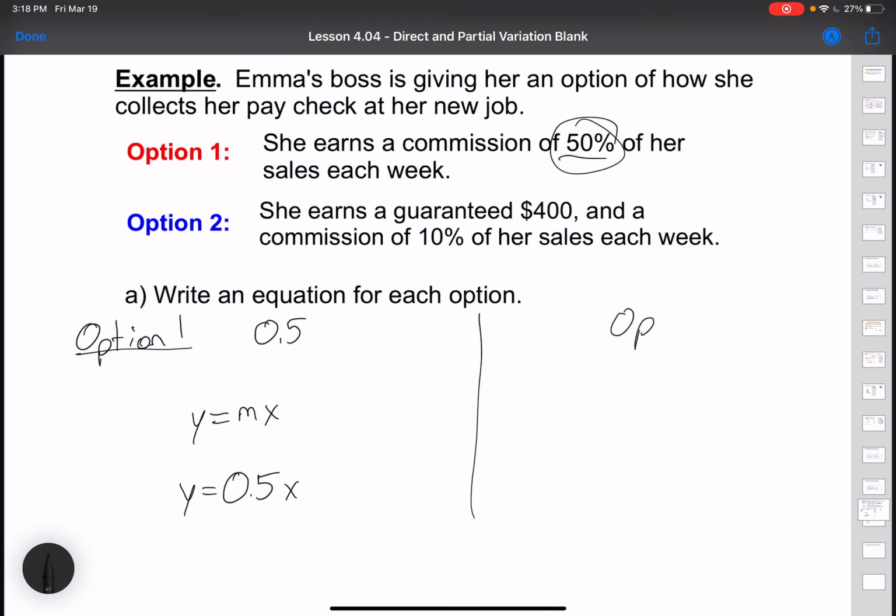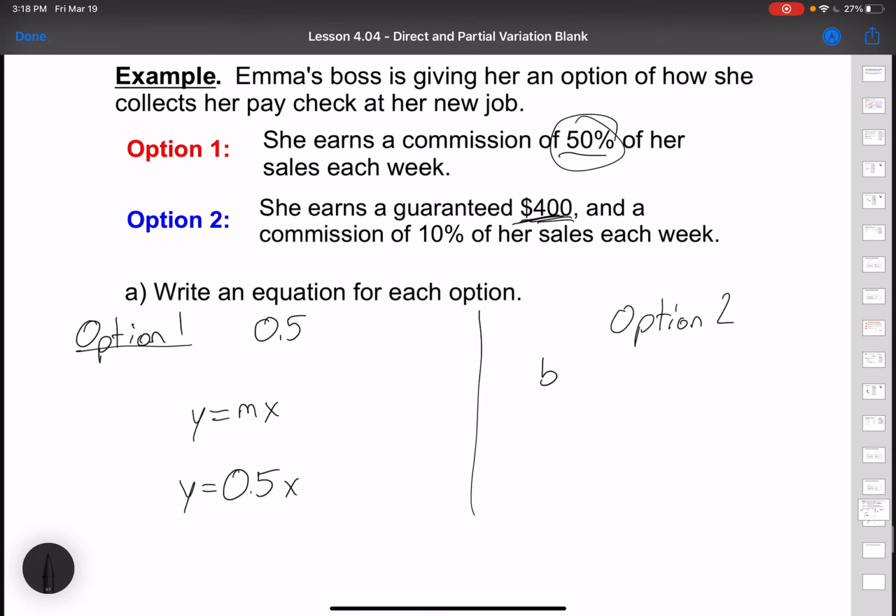Option 2. So option 2 has two parts. So it's got the something you're multiplying by and the fixed part. So the fixed part is the thing that stays the same no matter what, that's the $400. So that we can think of as our b value. Because remember, we're doing y equals mx plus b. Let's just write that off to the side. So our b value is 400.